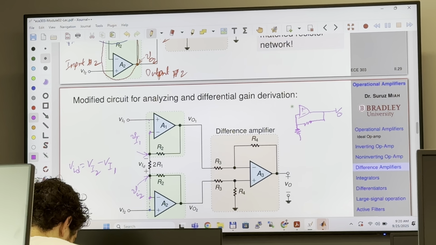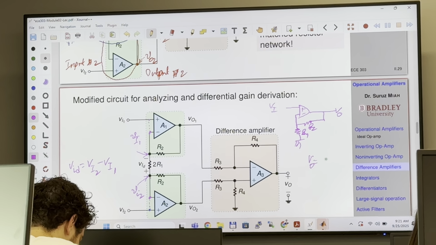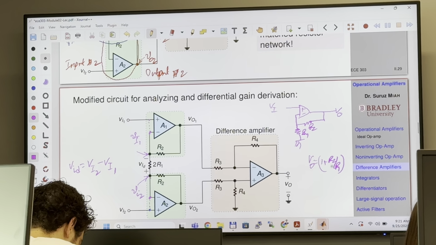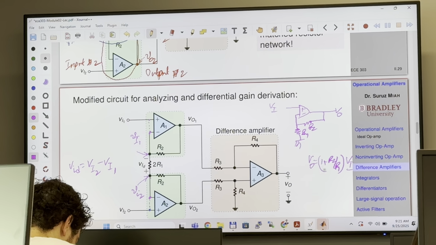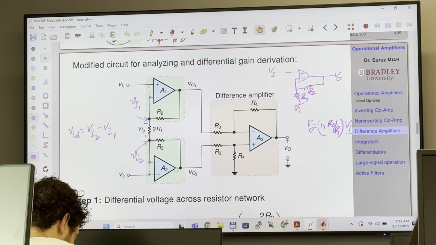So this is V out, this is V input, and this is ground, and this is R2, R1. V out is going to be 1 plus R2 over R1 times VI. This is the equation for the non-inverting operational amplifier.